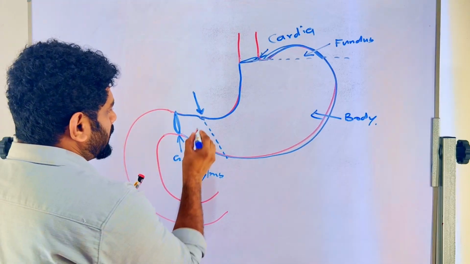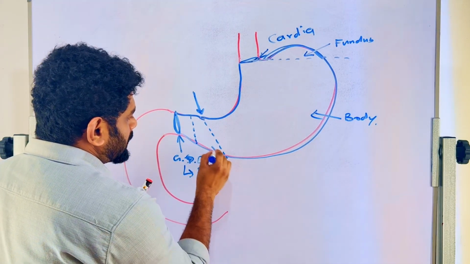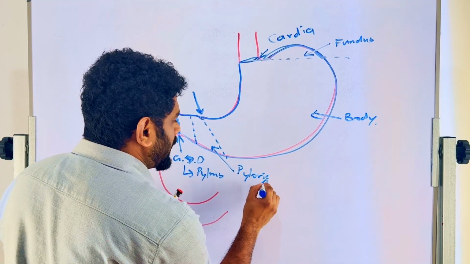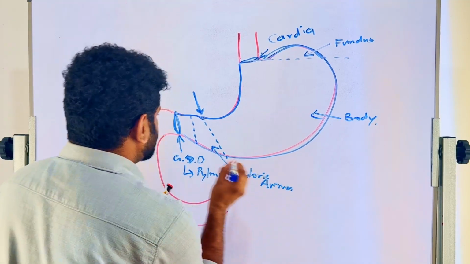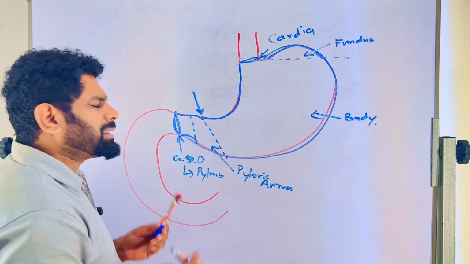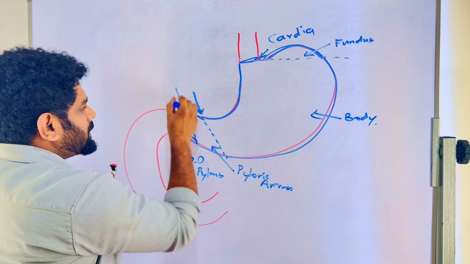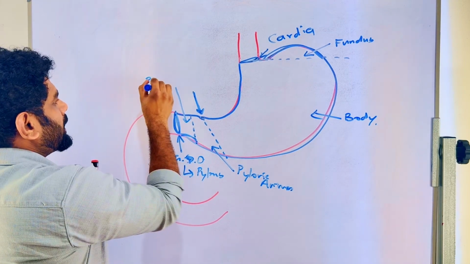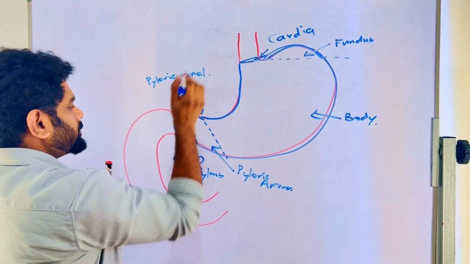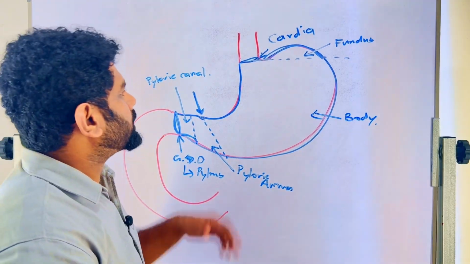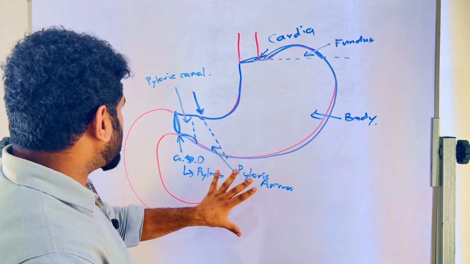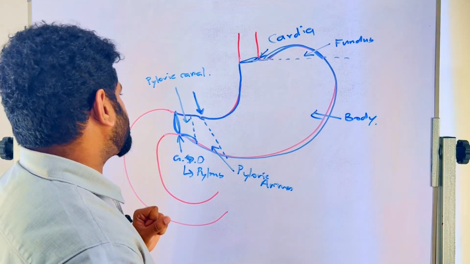Here there will be the pyloric antrum, and there is a narrowed canal-like structure which is called the pyloric canal. These are the parts of the stomach: the fundus, body, pyloric antrum, and pyloric canal.